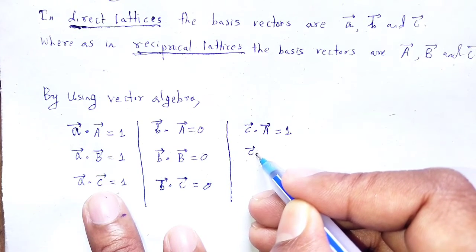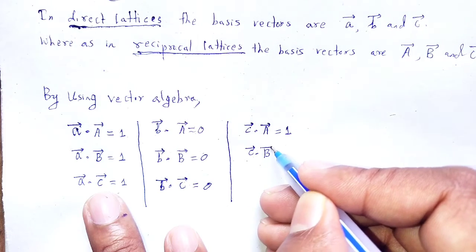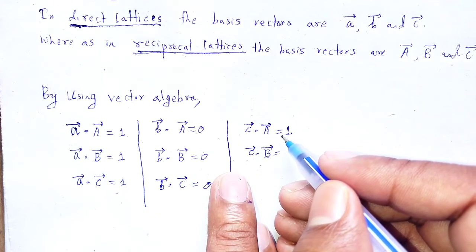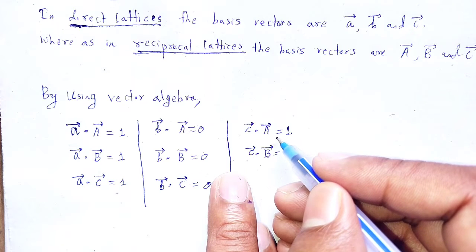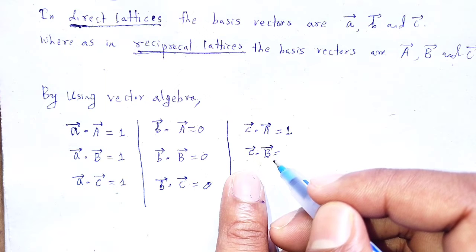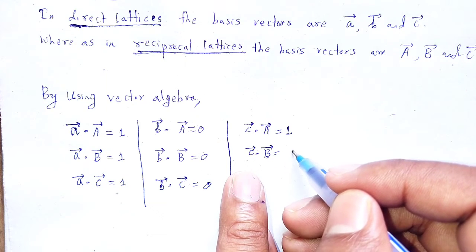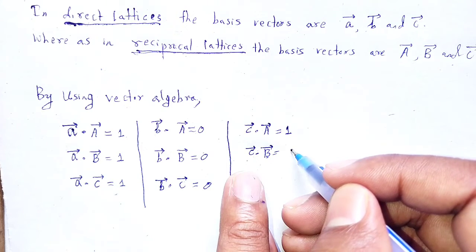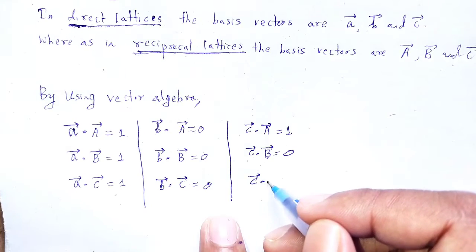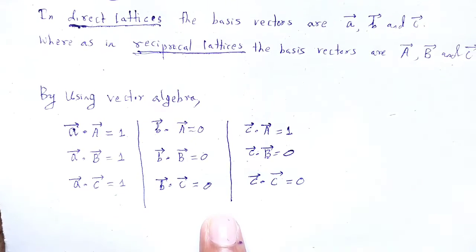C vector dot b vector, sorry, c vector dot a vector results in 1, c vector dot b vector results in 0, c vector dot c vector results in 0.